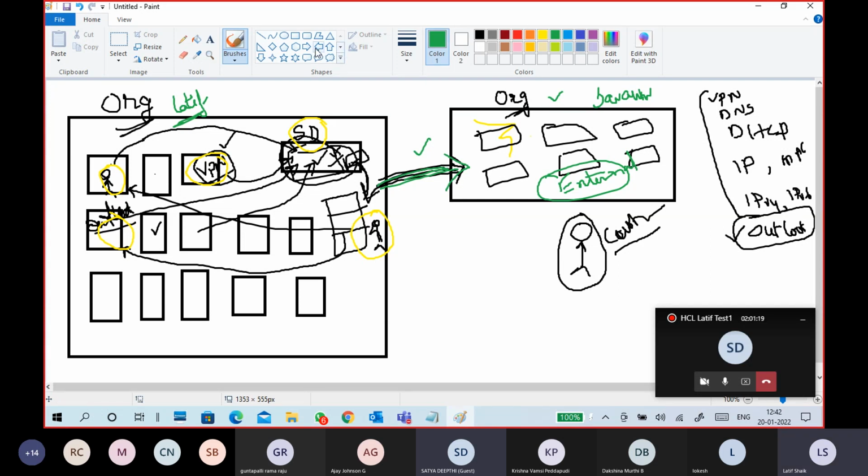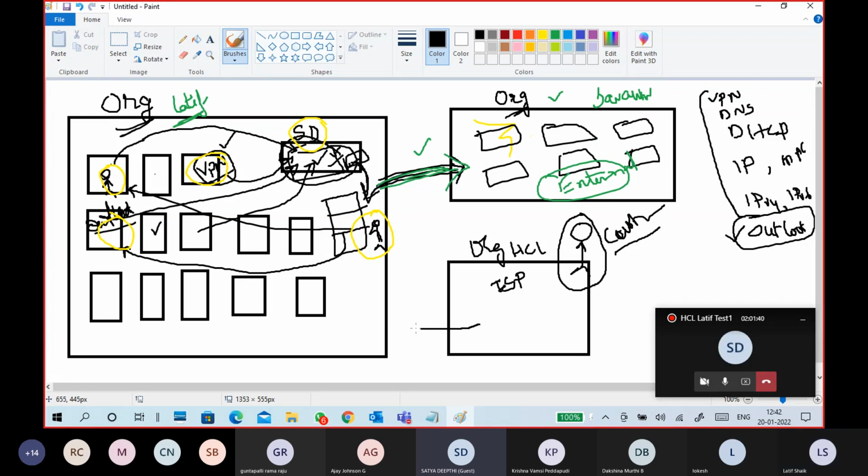Guys, in the external customers, we can tell external customers are in different ways. For example, this is another organization, for example HCL, which is the internet service provider. It is providing some internet services, and I am using the internet service from the HCL organization. Now, who is the customer here? I am the customer. This is the provider. In this scenario, I am the service provider and this is access, right?